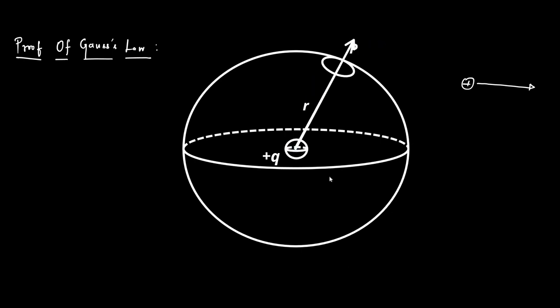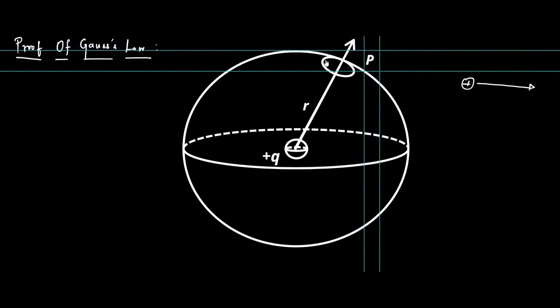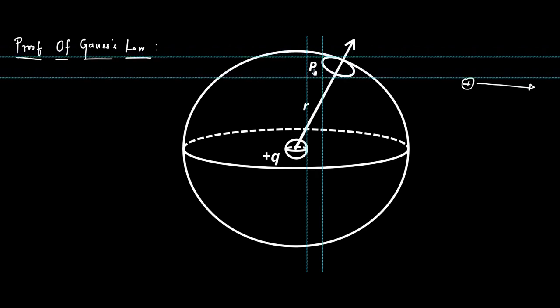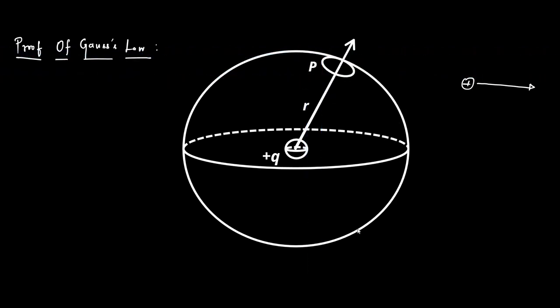And also the area vector at this point P, the small area vector ds, will also be directed outwards along the same line. They will be along the same line, almost superimposed over each other, and the angle between them will be 0 degree.